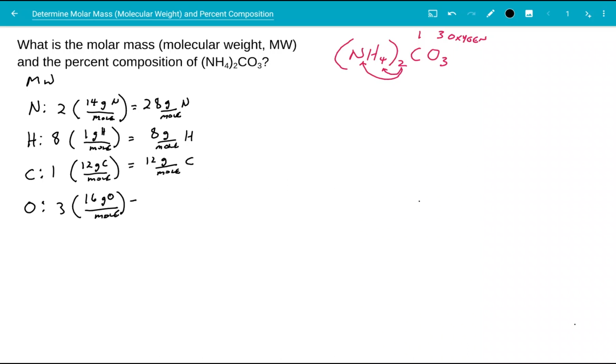Okay. And that will be 48 grams per mole oxygen. We add these all up, okay? And when you do, this is going to be 96 grams per mole ammonium carbonate.